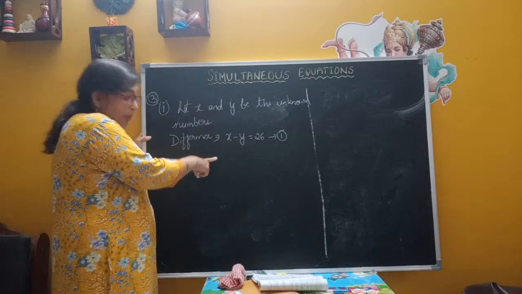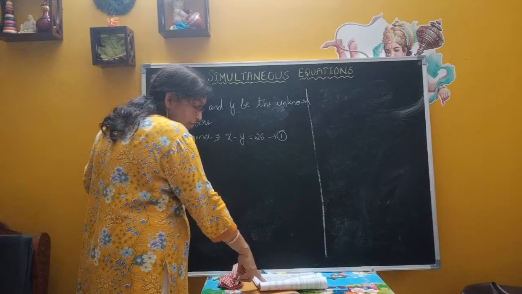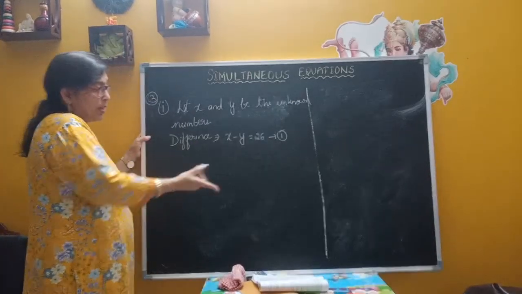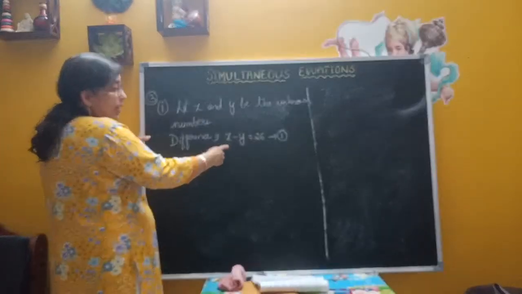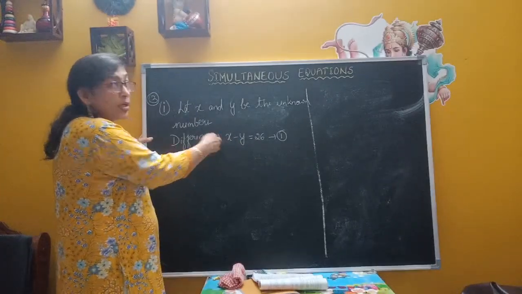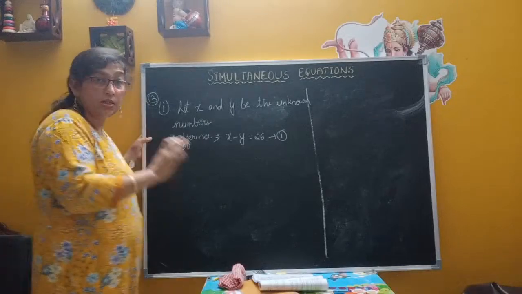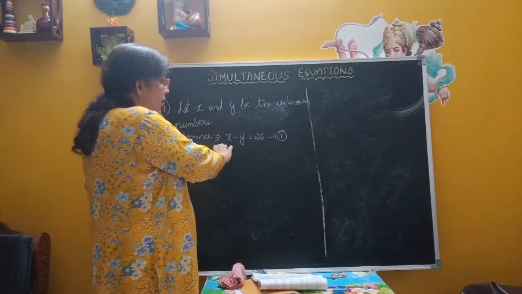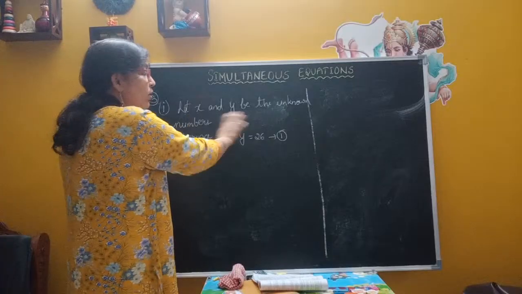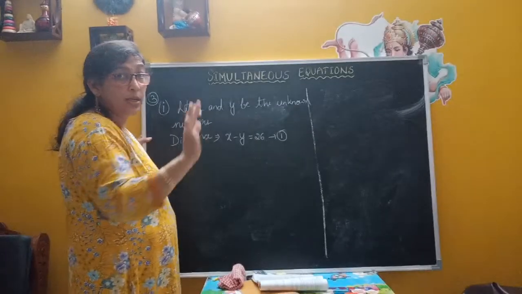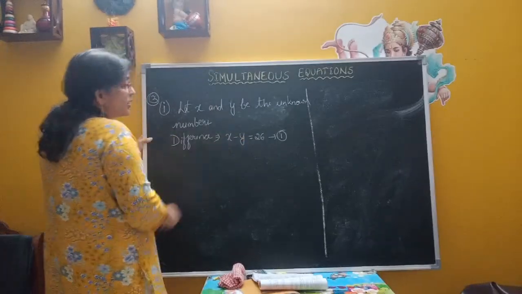Now one number is 3 times the other. You can take either y or x, any one. I have taken x as the bigger number here. Since it is given as a difference, we can write it as y minus x or x minus y, irrespective of the sign. The difference is 26, so x minus y is equal to 26.